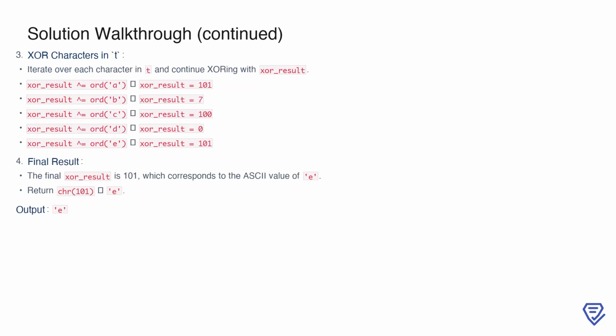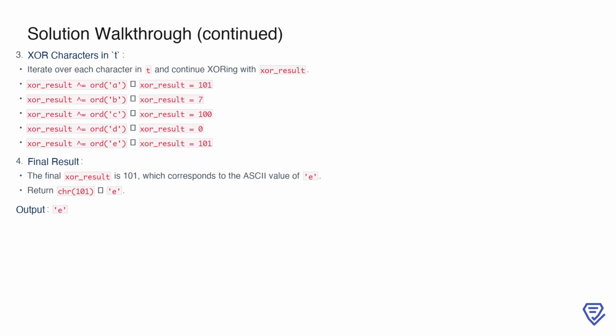Now, we move on to processing the string t. Here, we continue the XOR process by iterating over each character in t and combining its ASCII value with the current XOR_result. For instance, XORing a updates XOR_result to 101, and this process continues for each character in t. The key difference is that t contains one extra character compared to s.